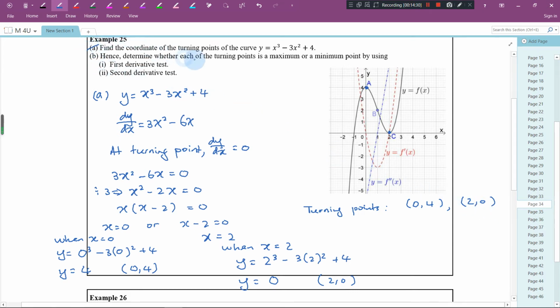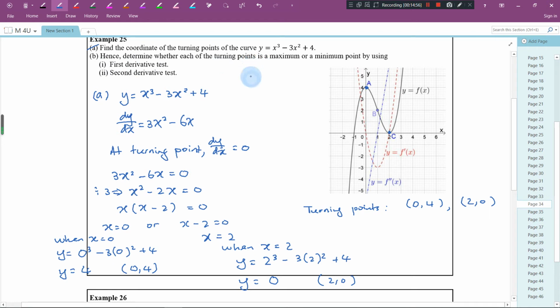Now for part B, the question asks us to determine whether each of the turning points is a maximum point or minimum point. It means that we want to determine the nature of these turning points. We are requested to use the first derivative test and also the second derivative test.